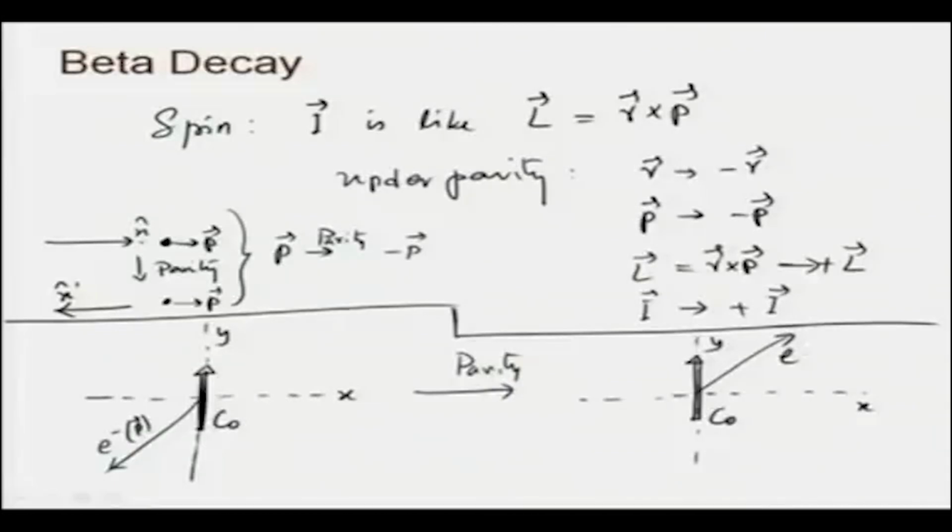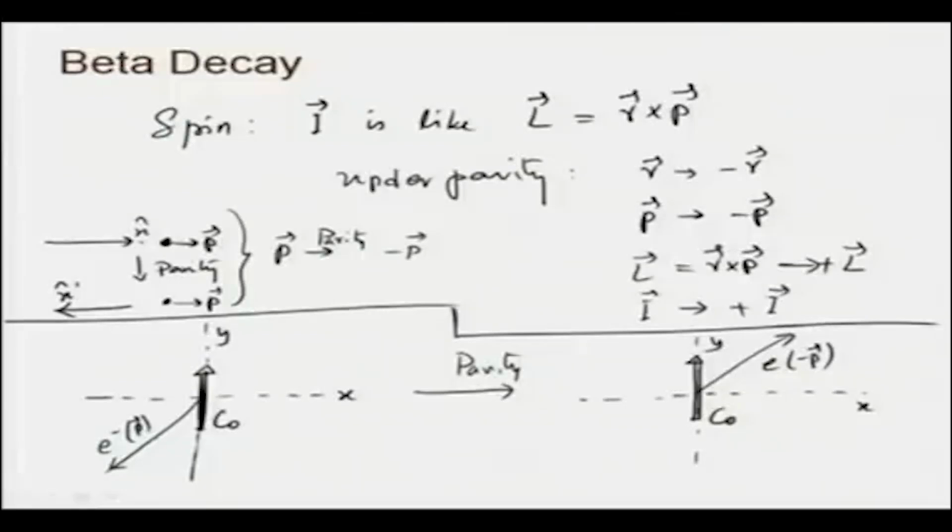The electron now has minus p, because if the first one is p, then the new parity-reversed electron will have minus p momentum.